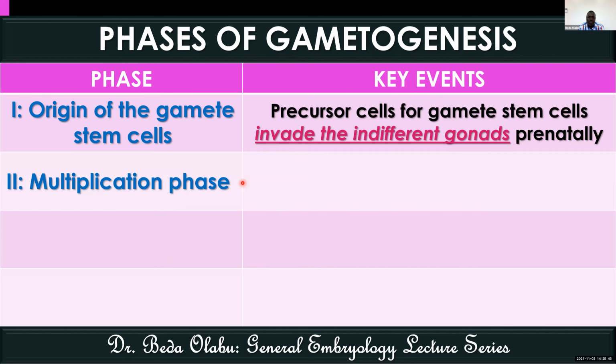My question to you: will this desire to increase the number of gametes involve mitotic cell division or meiotic cell division? Make a thought before I tell you what it is.